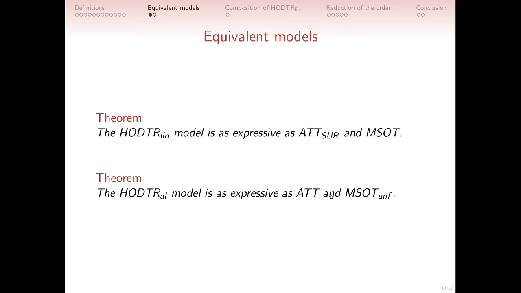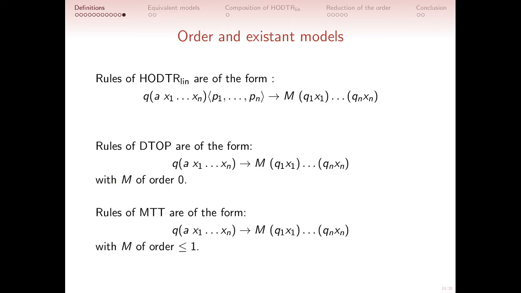We have seen earlier that MTTs are more expressive than monadic second-order logic, and that's because of their copying power, and that's why we use this constraint of linearity, because it makes things a lot simpler, and among other things, it allows the set of transductions we represent to be closed by composition. So it's interesting.